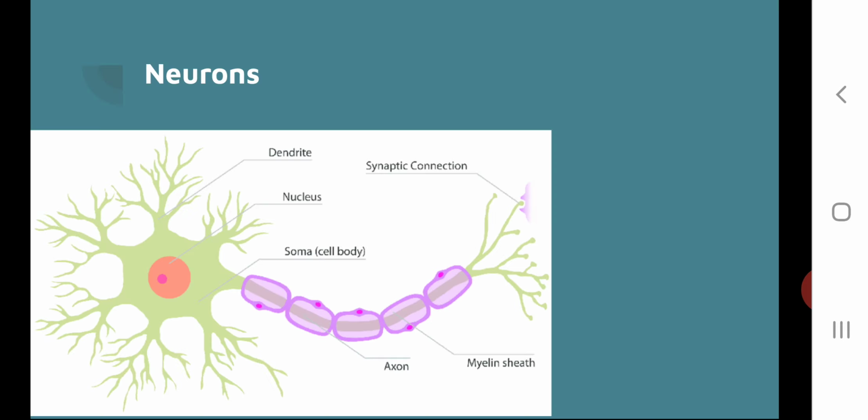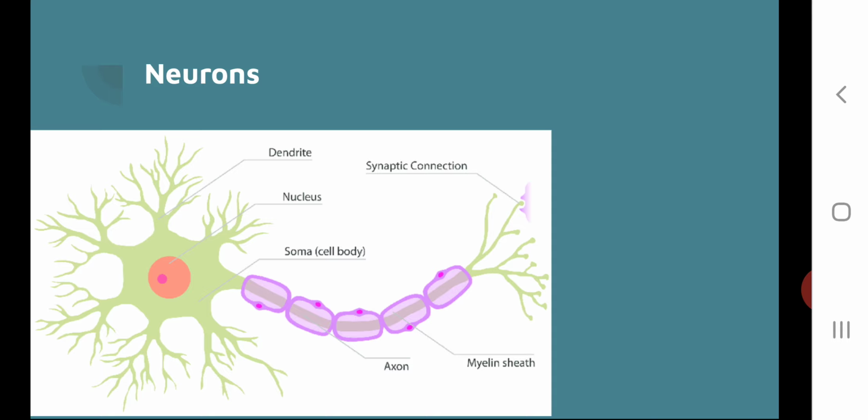What we have here is a neuron, and I wish that I could kind of draw on my screen to show you guys specifics. But if you look at the very top, we're going to see the word dendrite. That's pointing to these gangly things. Those are basically where you're going to find receptor sites.